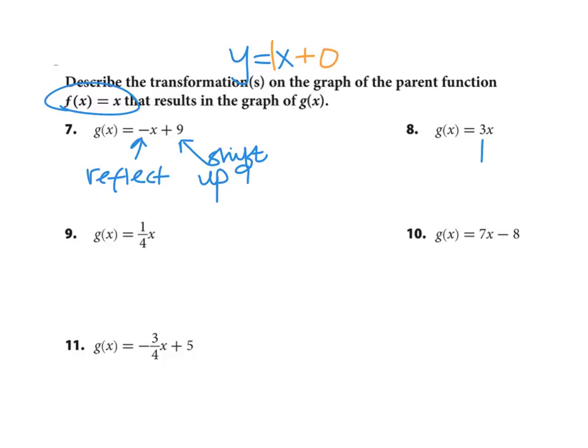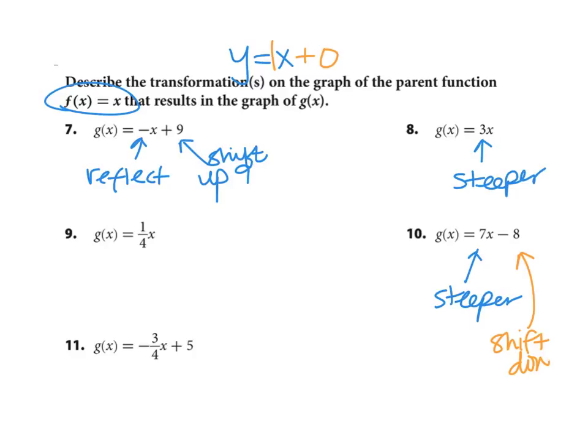All right, 8, a 3 is going to make it steeper. Remember, anything greater than 1 is going to cause the line to be steeper. You'll see on question 10, that's happening again, steeper. The negative 8 on question 10, I know I'm going out of order here. The negative 8 is going to shift down because I'm changing the y-intercept. Question 11, the plus 5 is going to shift up.